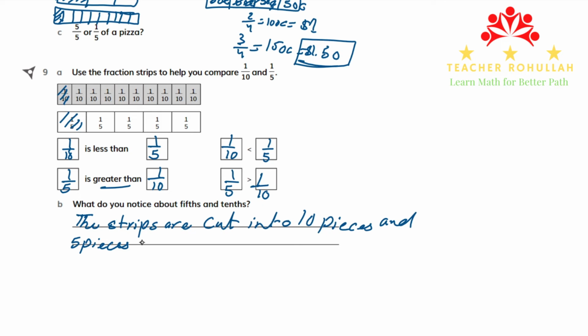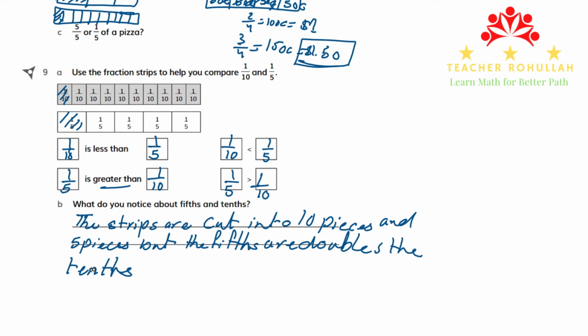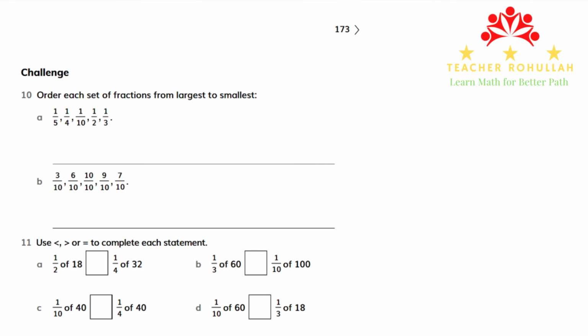But the fifths are double the tenths. Why? If we look here, 2/10 are exactly the same as 1/5, so we can say that the fifths are double the tenths. So in this case, tenths are less than the fifths. Well, question 9 is solved. Let me scroll down to move to question 10.